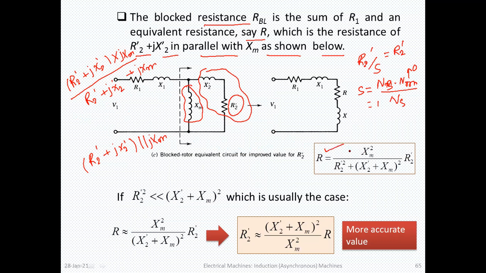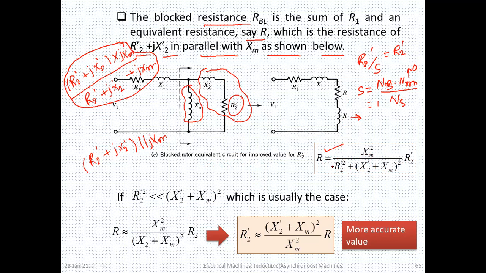Its real part we get like this, and the other part is the imaginary part. R is given here. You can solve this mathematical relation; it is not a difficult task, a very simple task. By doing this, we get the real part of this equivalent impedance. The real part is Xm square divided by R2 dash square plus (X2 dash plus Xm) whole square, multiplied by R2 dash.